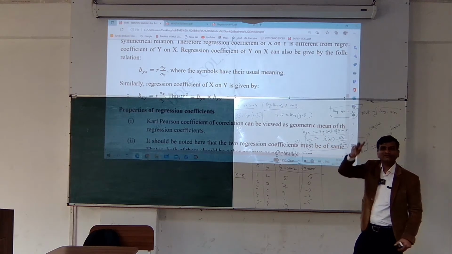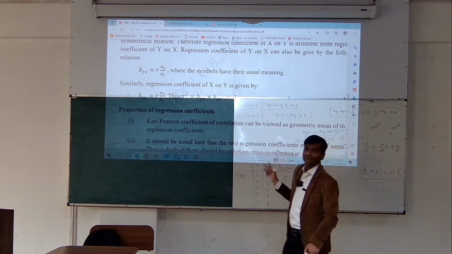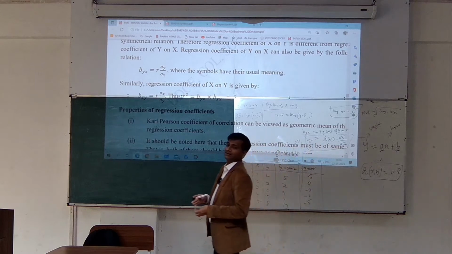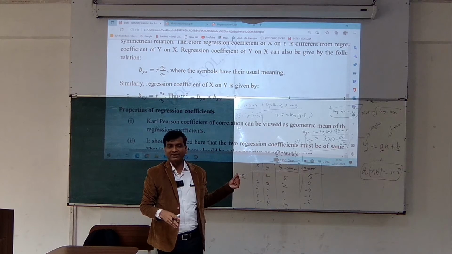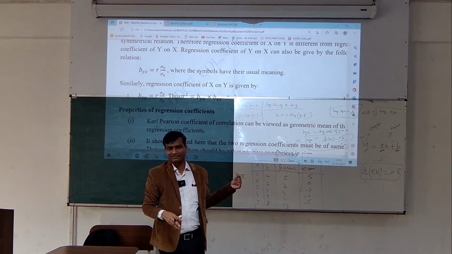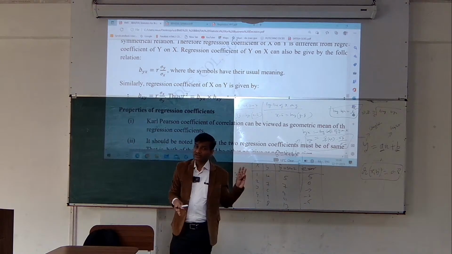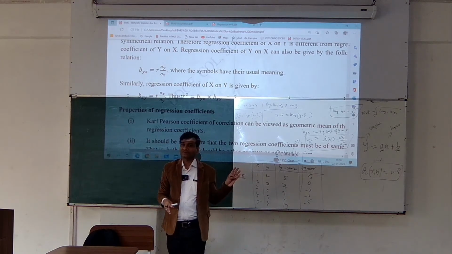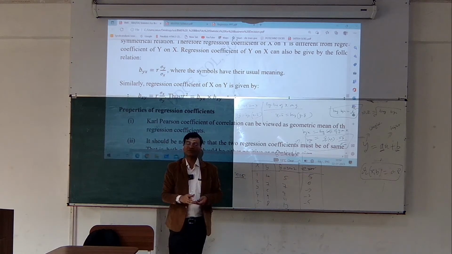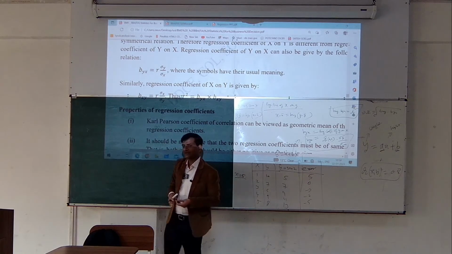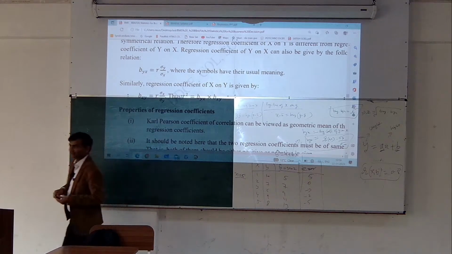So whenever you have data, you have to decide which kind of equation you have to develop or calculate, bxy or byx. The two regression equations would differ; they may or may not be the same. If you have a perfect relationship, only then they would be the same, otherwise they would not be the same.